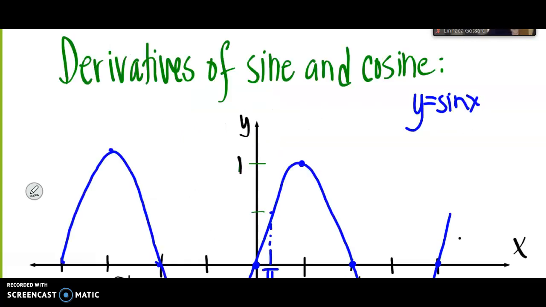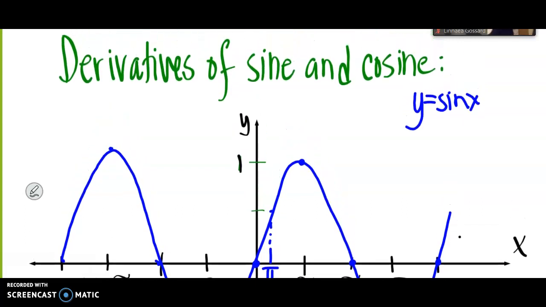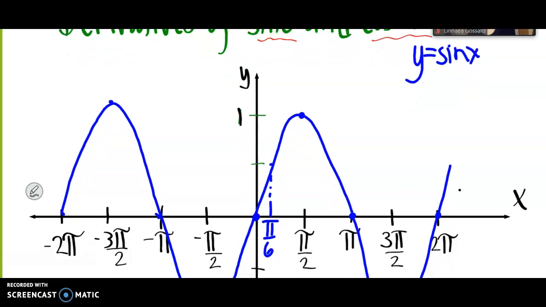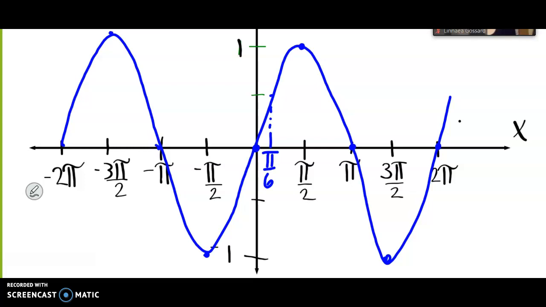Okay, so this is the last thing from this section, and that is the derivatives of sine and cosine. I want you to just watch for right now. Is that the graph of sine or cosine? Sine. This is y equals sine of x.